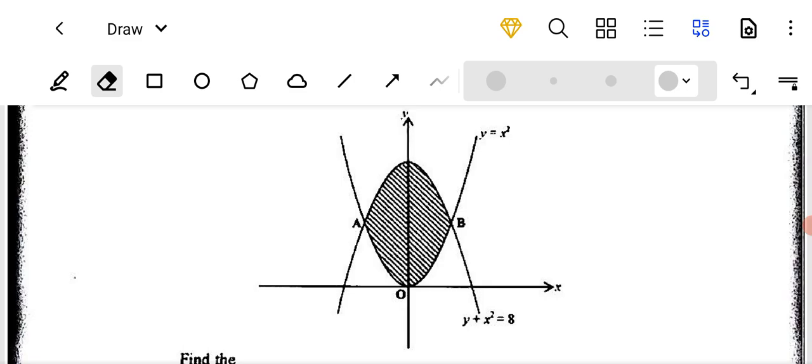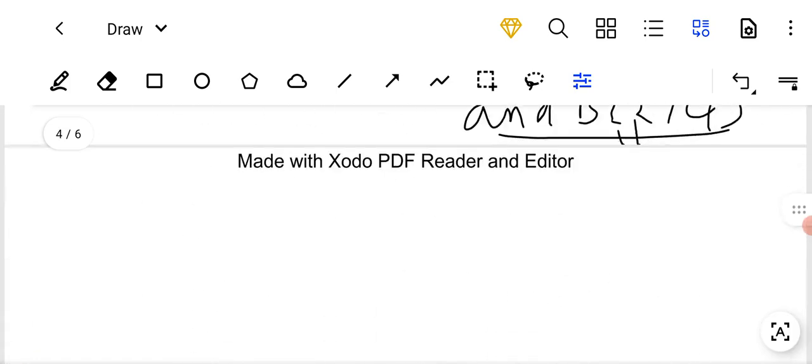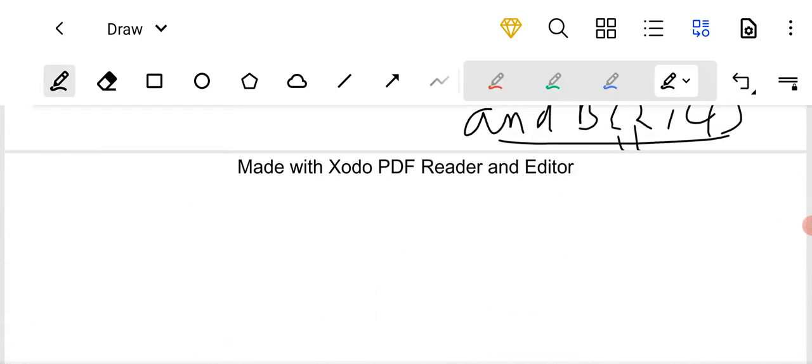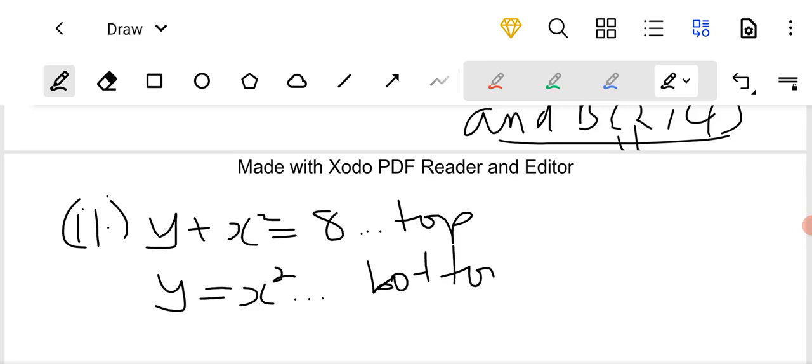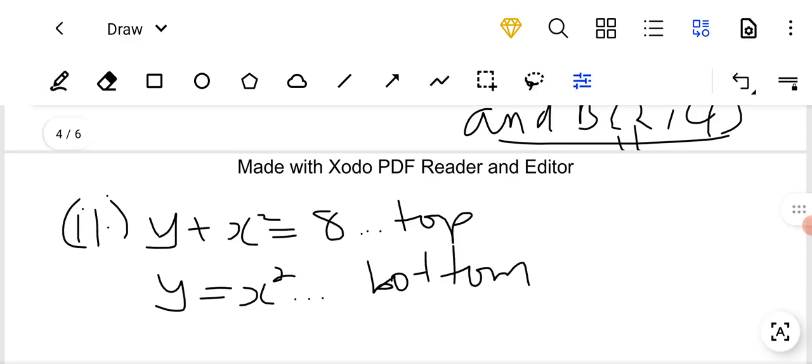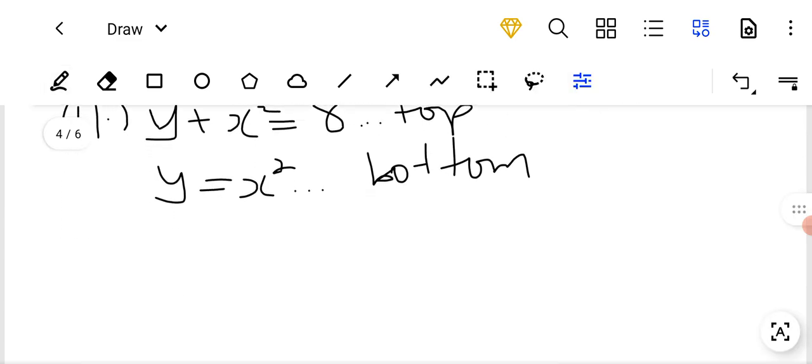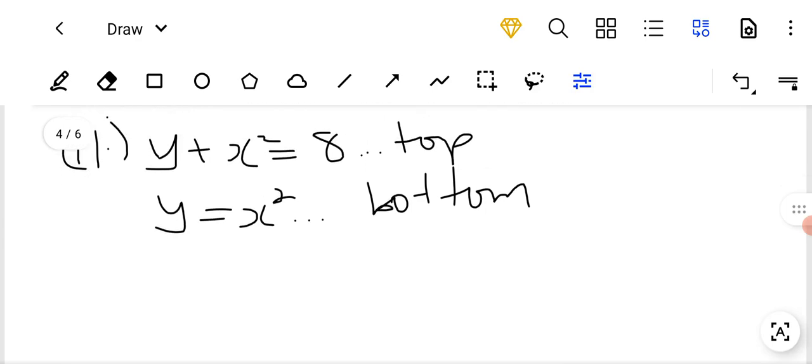This one is our top function, and then y is equal to x squared will be our bottom function. Then the area. So how do we proceed from there?